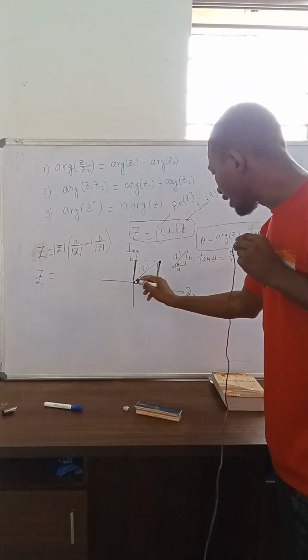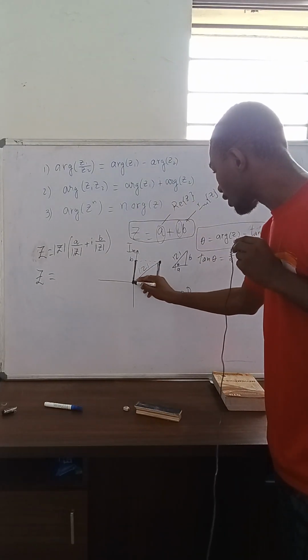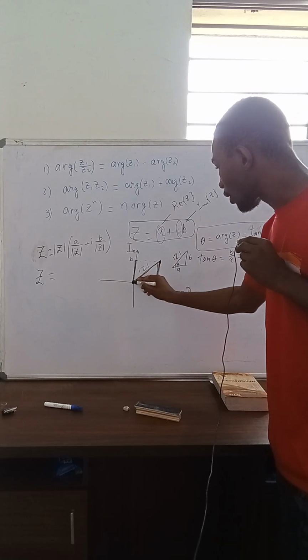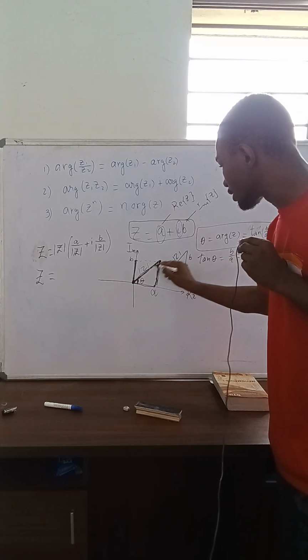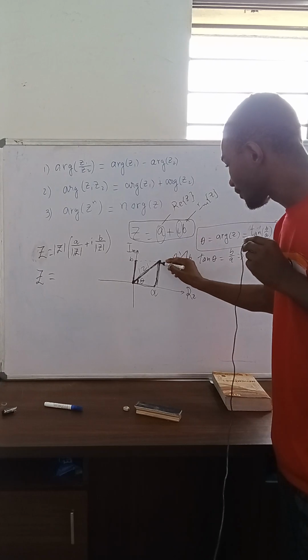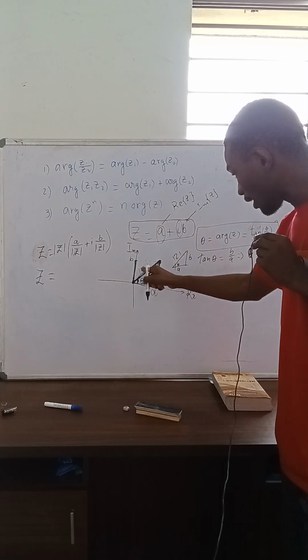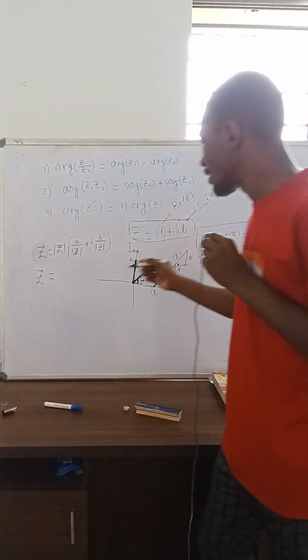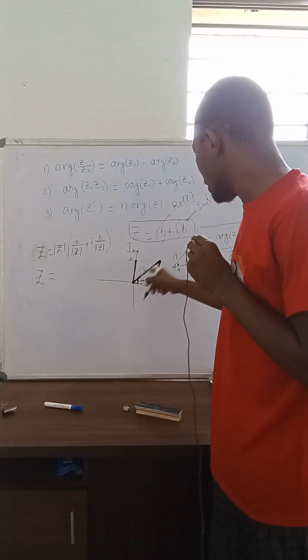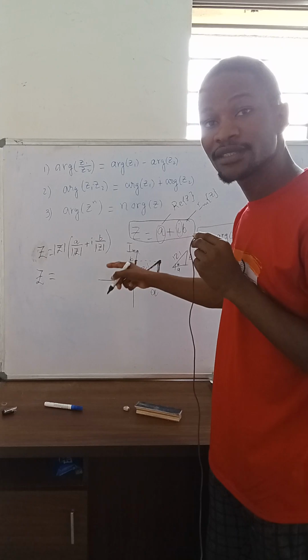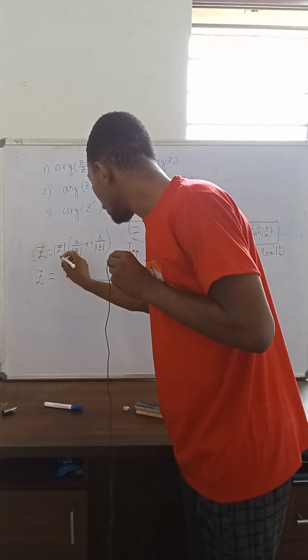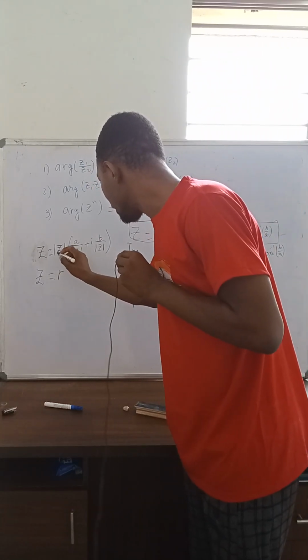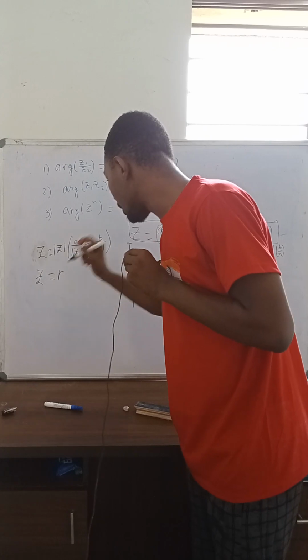And what is this other form? Now see, from the origin till this point here, we call this one module of z. This module of z is the same as the radius of this circumference. So I can call this one r, module of z is r.